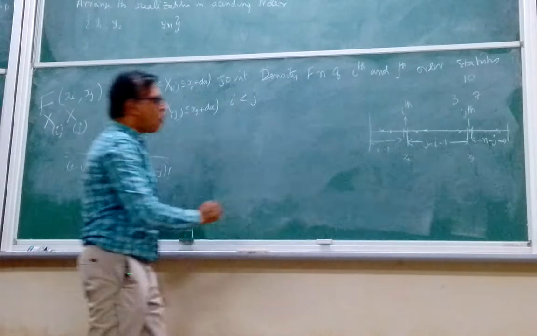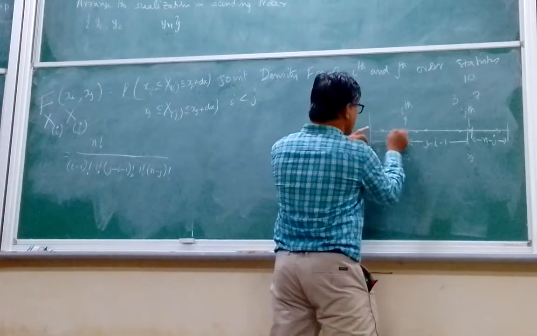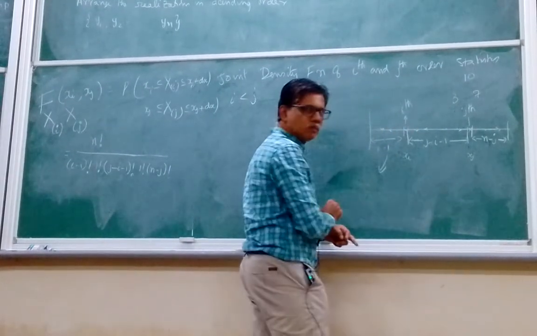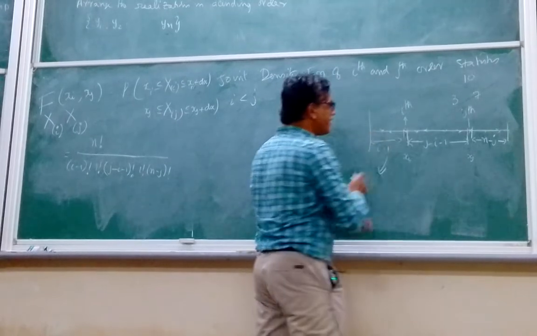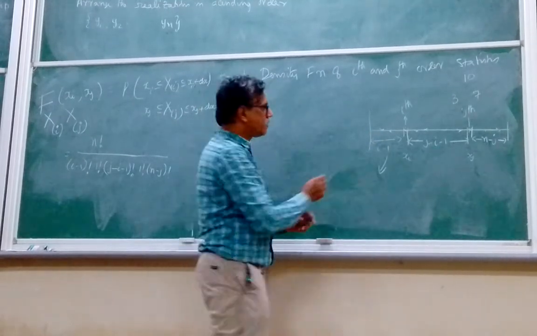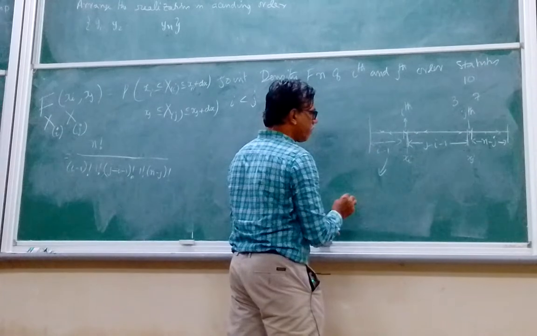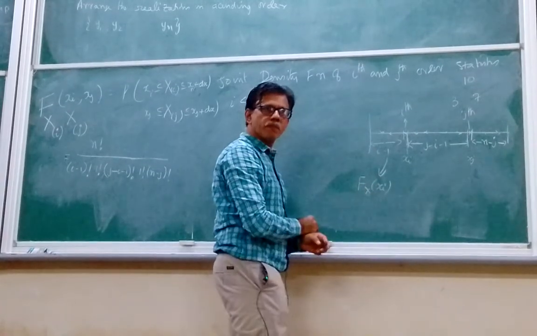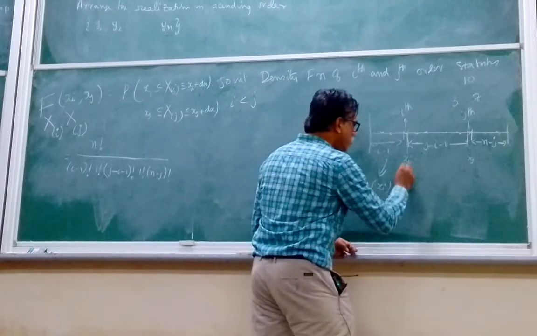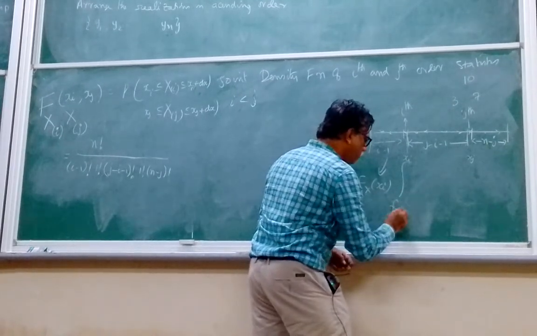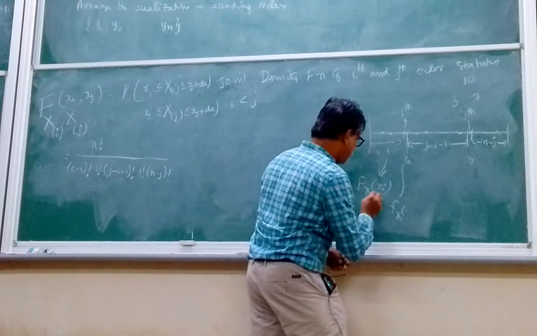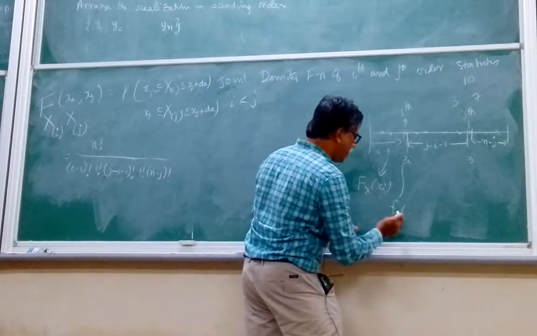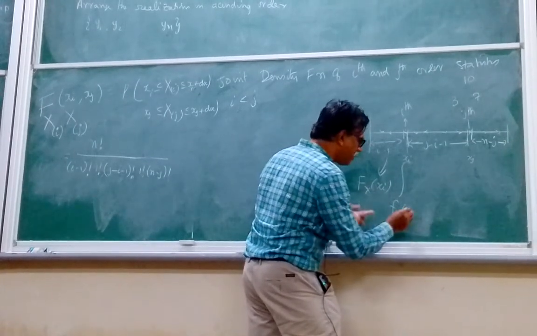Into what is the probability of anything falling in this place? Anything falling less than xi. This value is xi. It is fx of xi. And this is the small f, the same small f because the density function is the same.